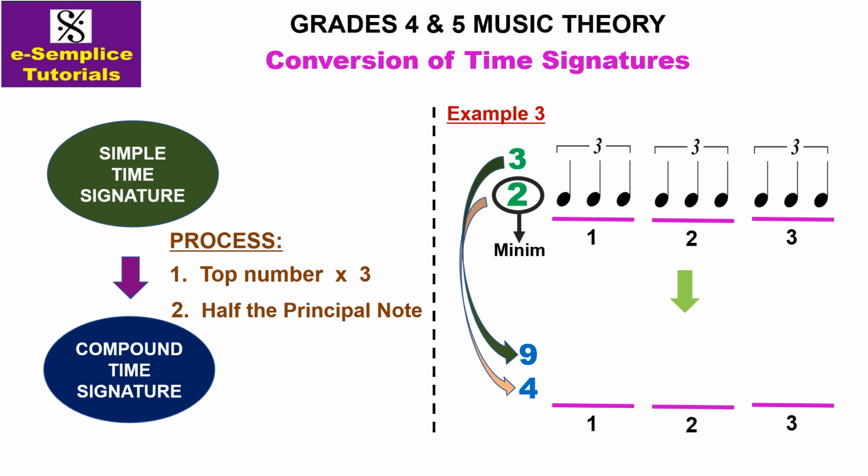Each beat in the simple time is a triplet. So bringing it into the compound, you just have to take away the triplet sign. So for beat 1 here, you are going to have 3 crotchets, beat 2, 3 crotchets, beat 3, 3 crotchets.